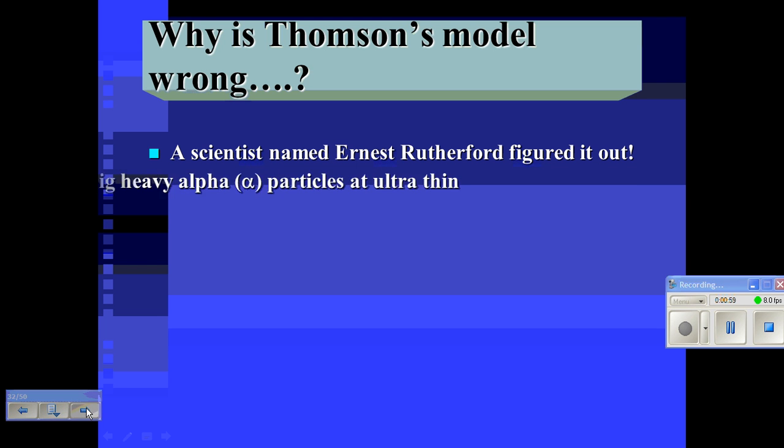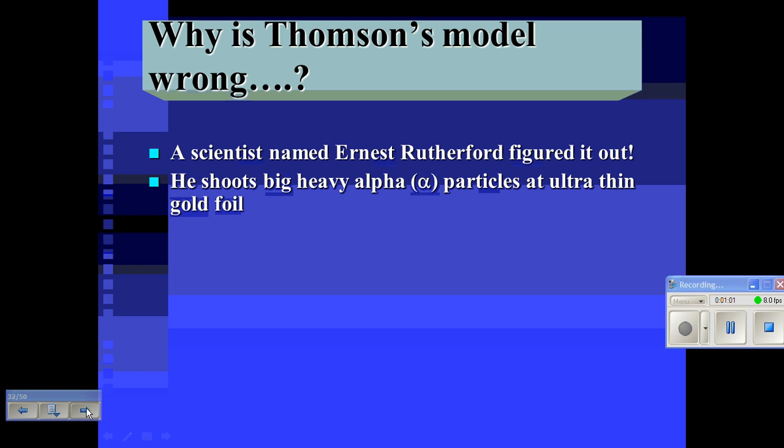He took alpha particles, which are large positively charged particles, and he shot them at gold foil and had the counter behind it that would just record how many particles showed up in which areas.